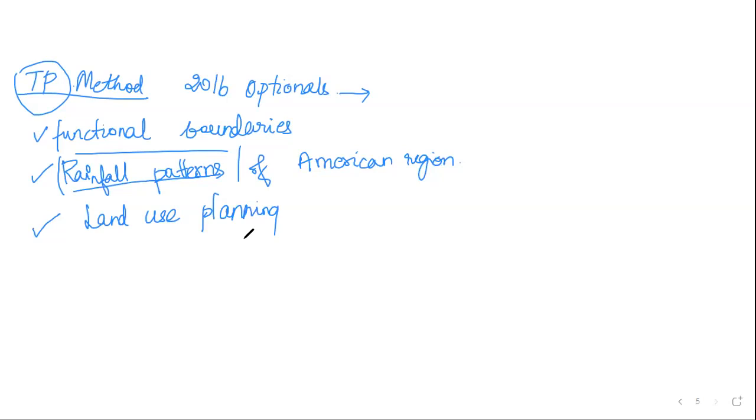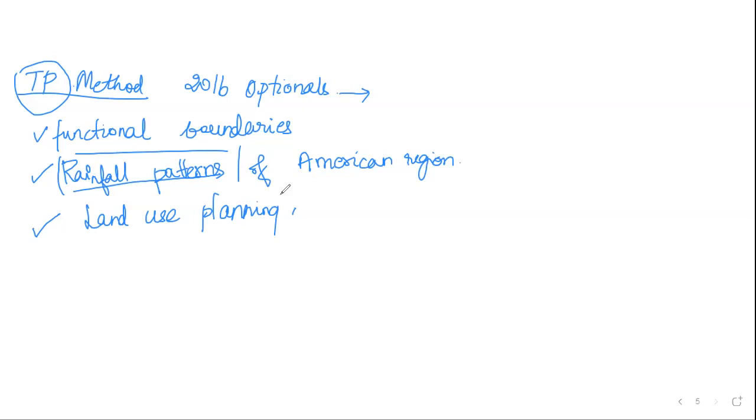If I'm opening a mall in the middle of the city, where should I open my mall? Who are my target audiences? If I'm opening a theater, where should I open my theater? Who are my target audiences? All that is undertaken by the Thiessen polygon method: land use planning, planning of hospital services, education services, construction of malls, construction of theaters, etc.